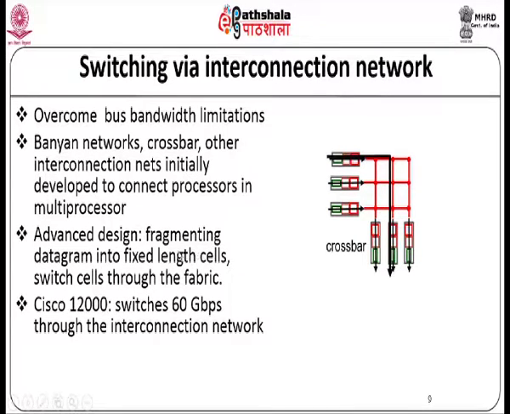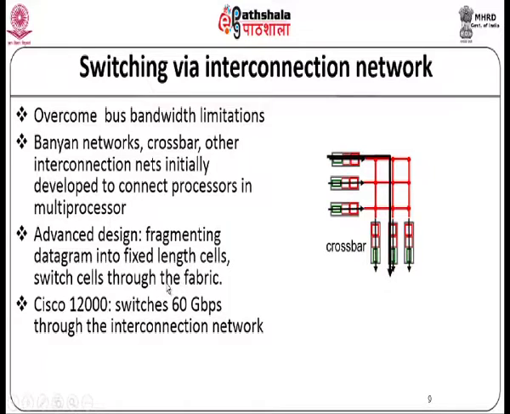Okay. So, we have very advanced designs in terms of these kinds of networks. So, you have fragmenting of datagrams into fixed length cells, and the cells are the ones that are switched through the fabric. If you look at ATM networks, ATM switches typically are interconnection network based switches, where the packets which are coming in are normally cells, all of fixed size, and so the switching can be done very fast.